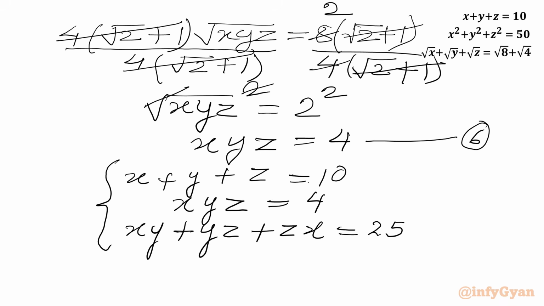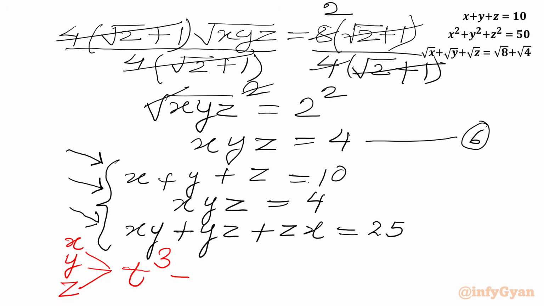If we think about one cubic equation whose roots are x, y, z, then this is the sum of roots, this is the product of roots, and this is the sum of roots taken two at a time. So we can create one cubic equation. Let me write that the variable is t. So I am writing here t cube, roots are x, y and z.